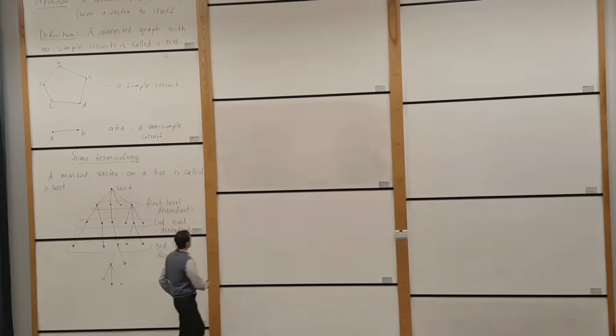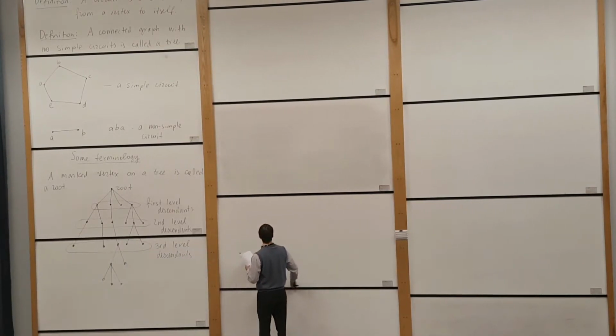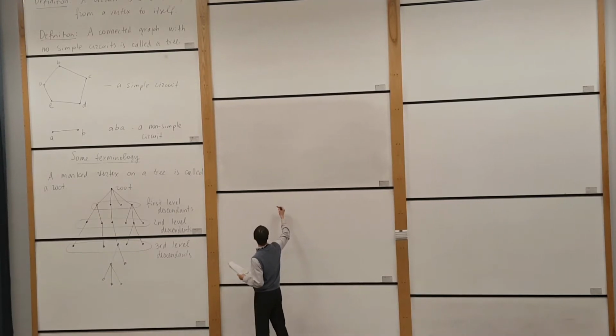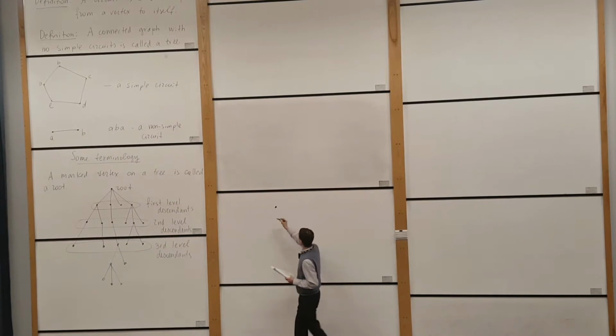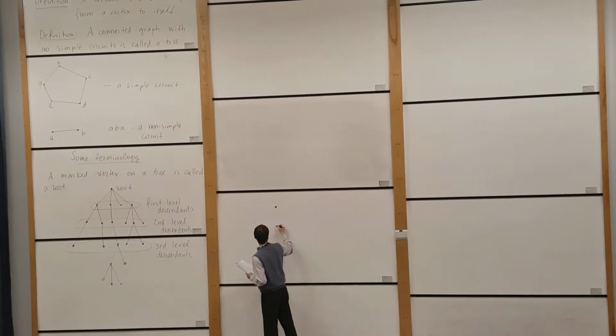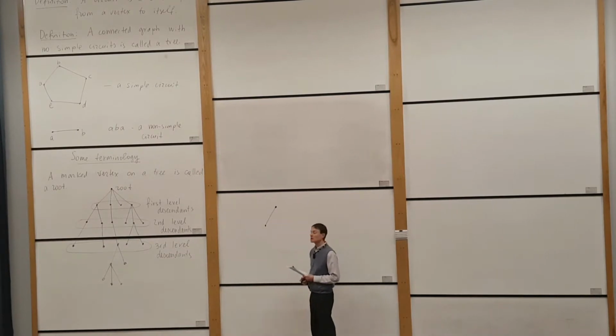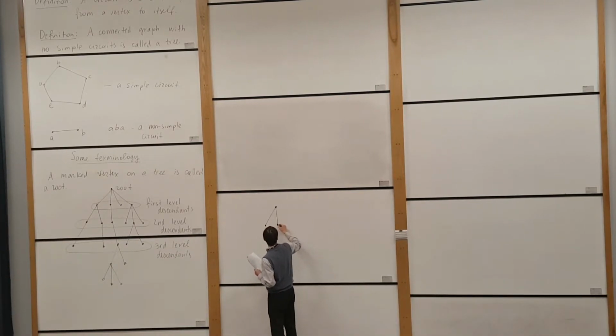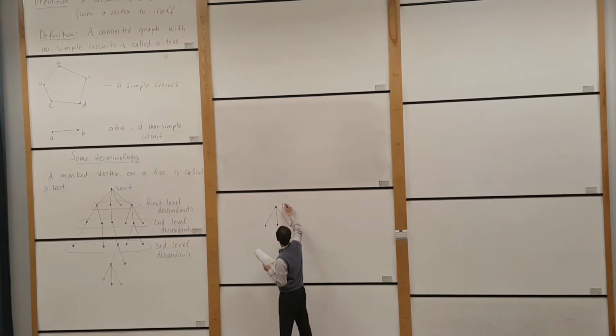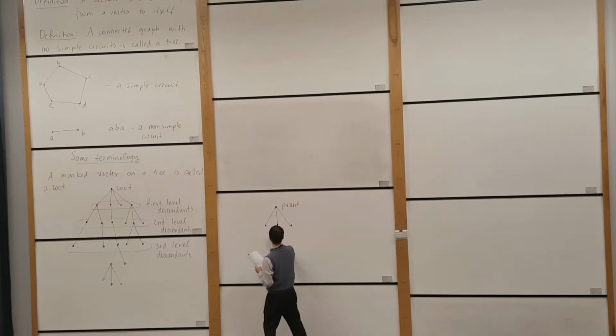Another terminology often used in this way of drawing: if you have a vertex at some level connected by a single edge to some other vertices at a lower level, then we say that the vertex above is the parent vertex, and all the vertices below are children.